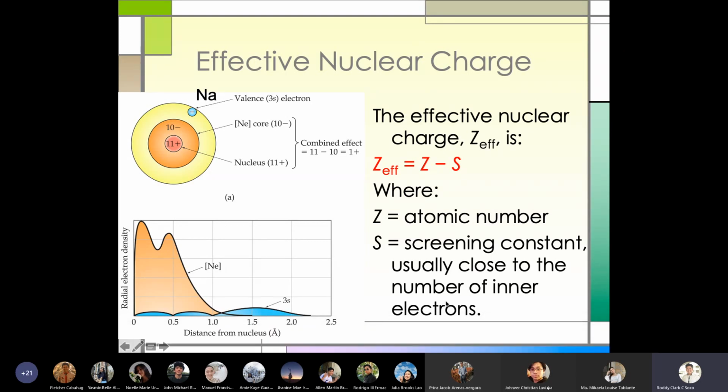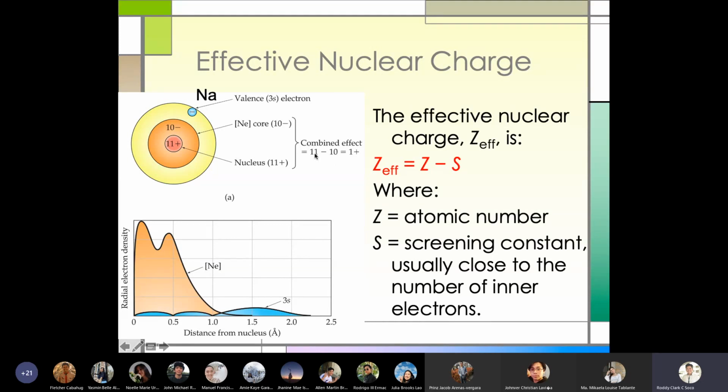In this case, sodium has one valence electron, so the other 10 must be the inner or the core electrons. So we can substitute 10 as our S. The effective nuclear charge of sodium is 11 minus 10, that is 1, or positive 1.